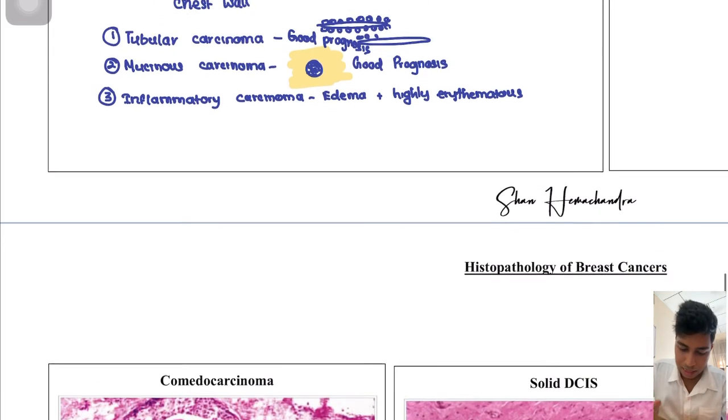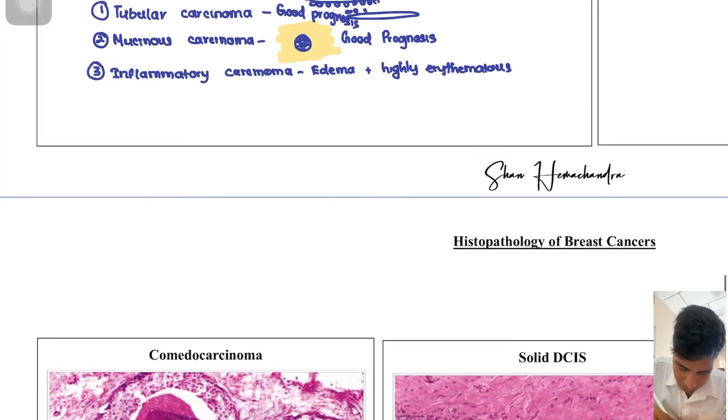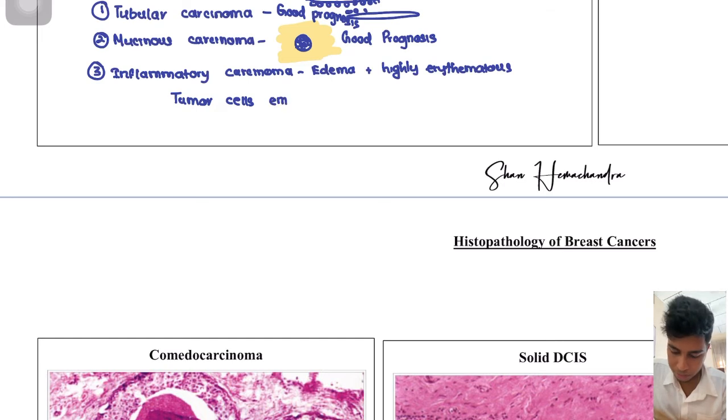And the problem in this is, these tumor cells block lymph nodes. They embolize the lymph nodes. And what does that mean? It's going to spread all over the body. This is a tumor type which has very poor prognosis.